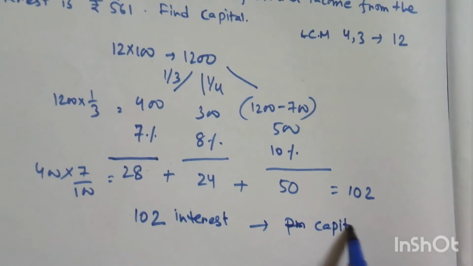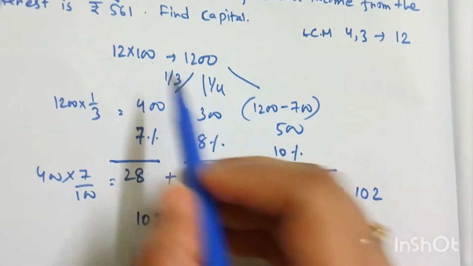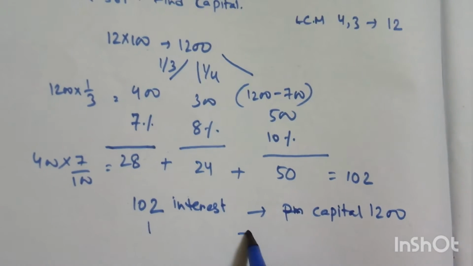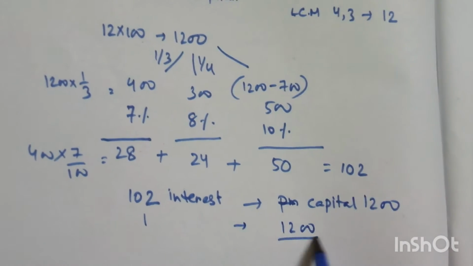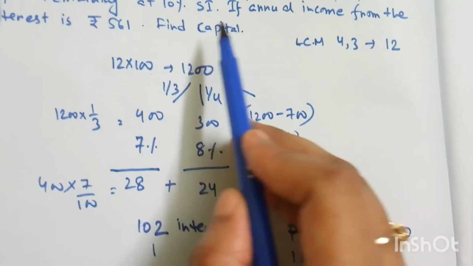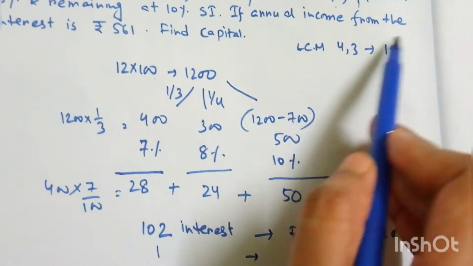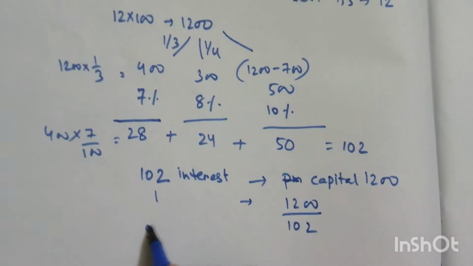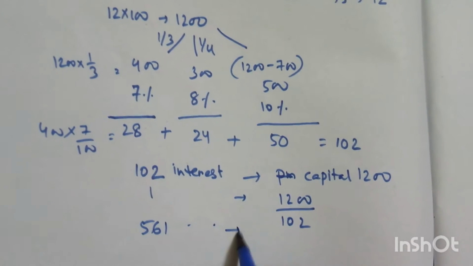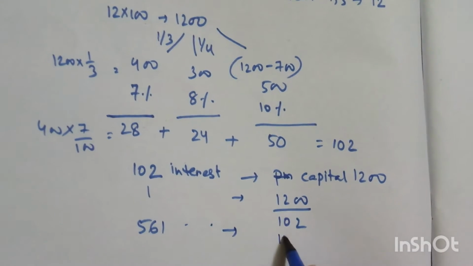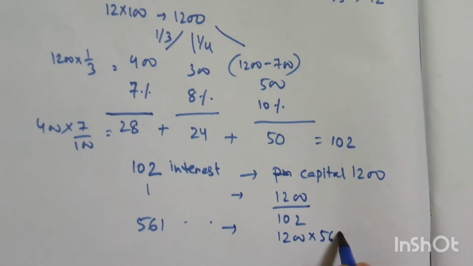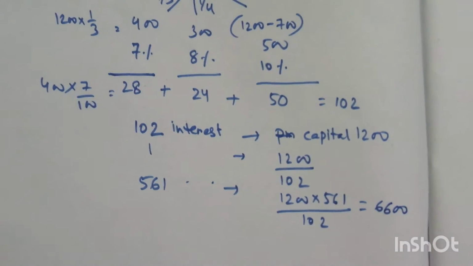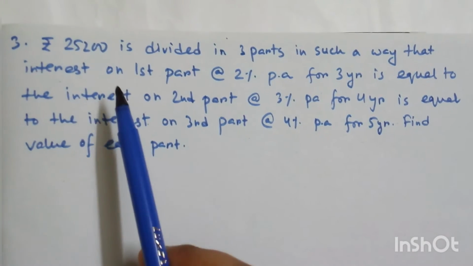We assumed the capital here is 1200. If the interest is 102, then the capital will be 1200, and we know here the income from interest is 561. So if the interest is 561, then the capital will be 6600. So this is another example.